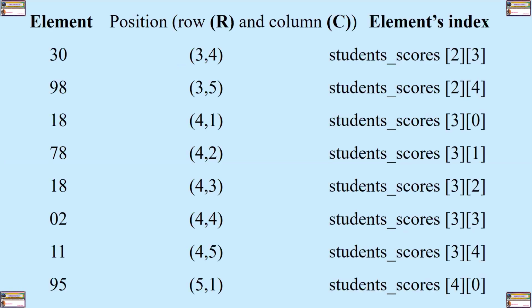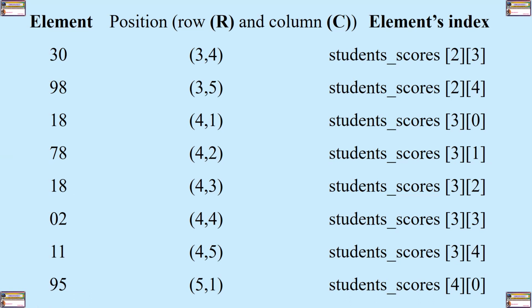You can see, if for example we are to pick the one which is in row 5, column 1, its subscript or its index would be 5 minus 1 for the first dimension, that gives 4, and 1 minus 1, that gives 0. So it will be student scores [4][0].